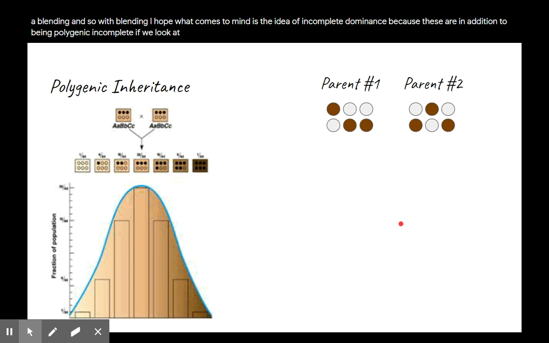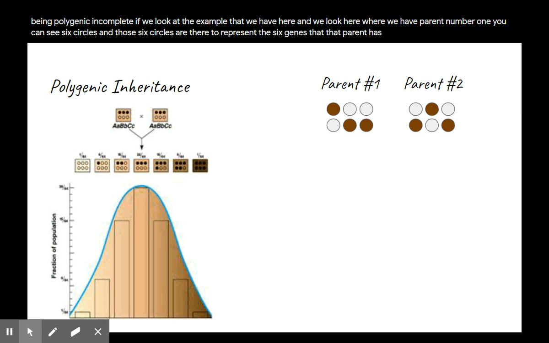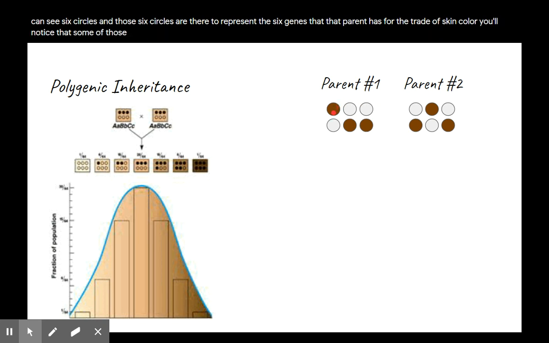If we look at the example that we have here, where we have parent number 1, you can see 6 circles, and those 6 circles represent the 6 genes that that parent has for the trait of skin color. You'll notice that some of those circles are colored in. Our skin color is the result of the formation in our body's skin cells of a substance called melanin.